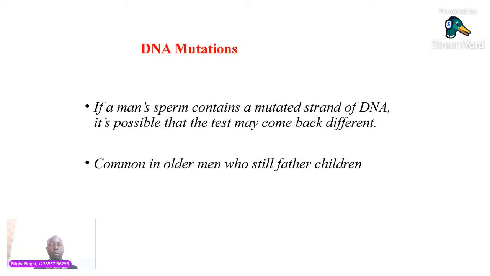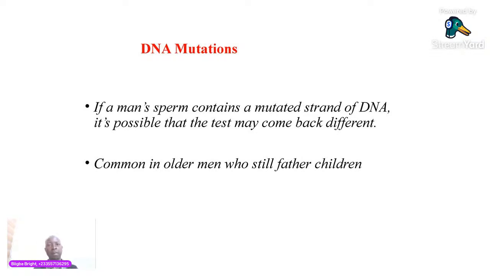So in the course of sexual intercourse, where there is fertilization, the man would have contributed his part, which is the sperm. If the sperm had some kind of mutation, then the mutated strand of DNA within the sperm that fertilized the mother's egg would be different from the man's real DNA, because the DNA contained in the sperm had undergone some mutation before fertilizing the egg.